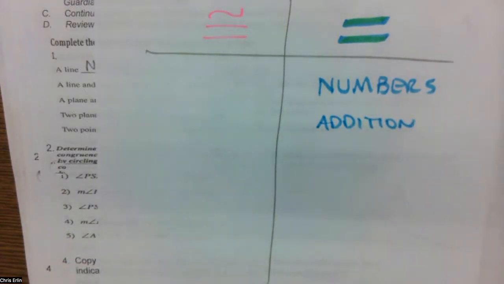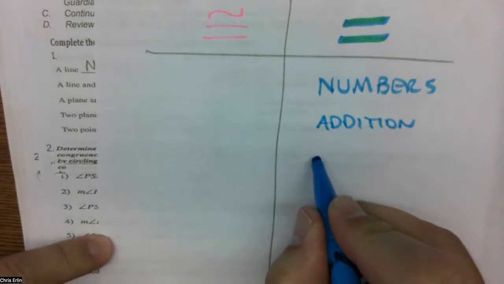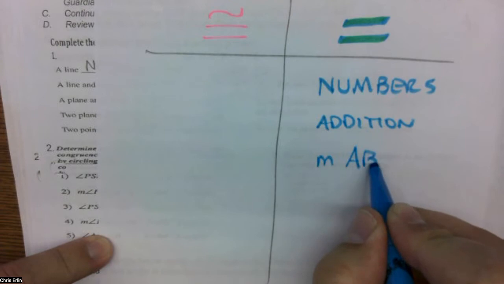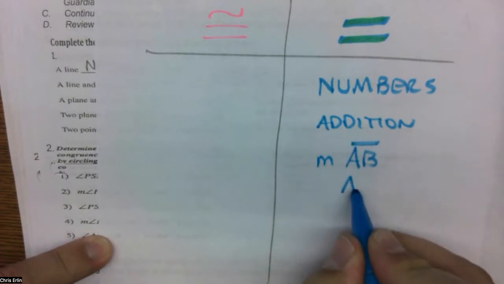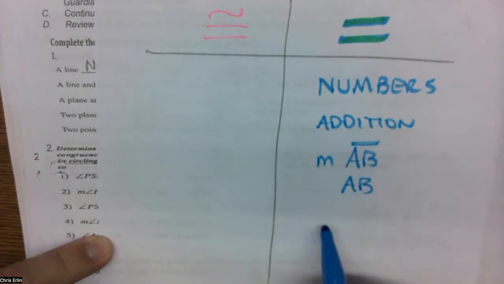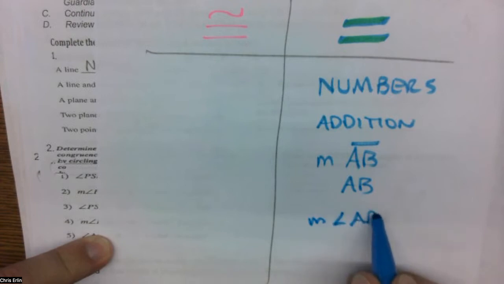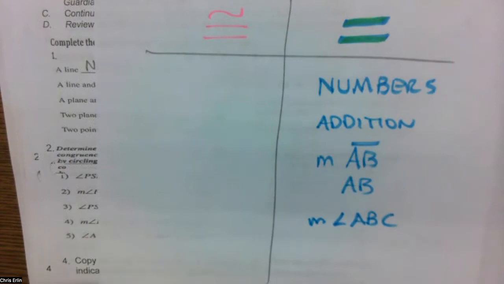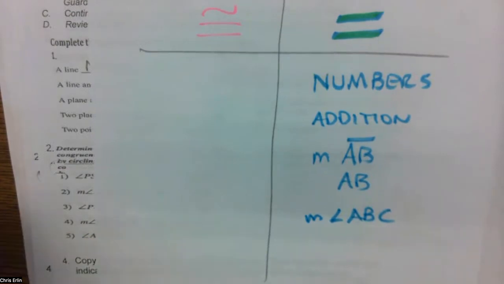Which means anytime we're looking at an object in geometry and only looking at its measure, for example, the measure of AB, or the measure of an angle, all those cases are appropriately using equality symbols.